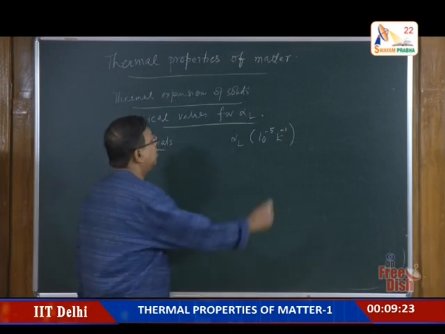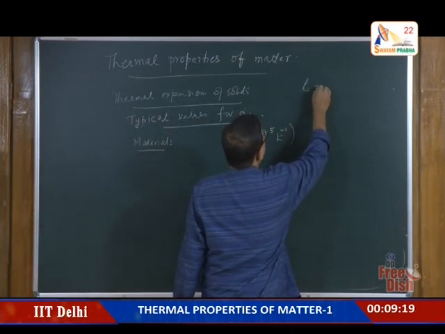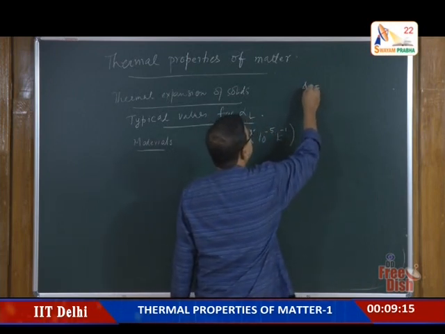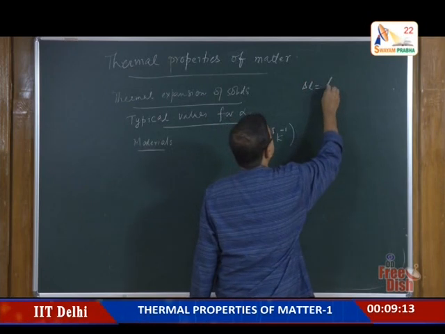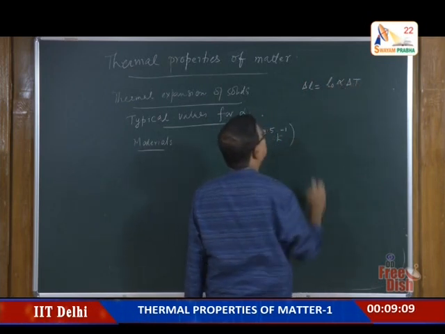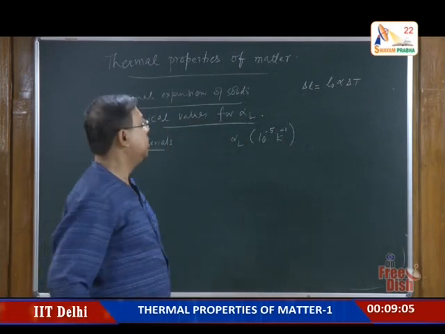Just to get the dimension correct, let us write down a formula that we have written earlier. So, delta L equals L0 alpha delta T. This is the relation that we have written for the change in length.